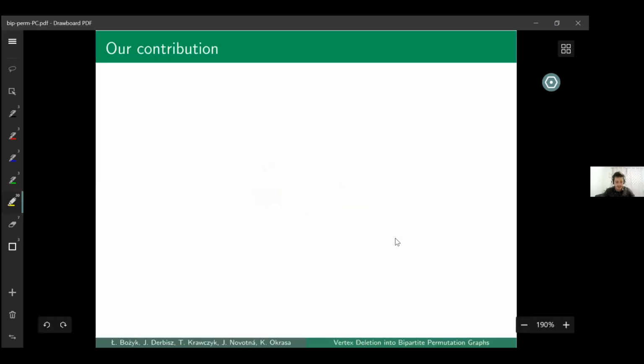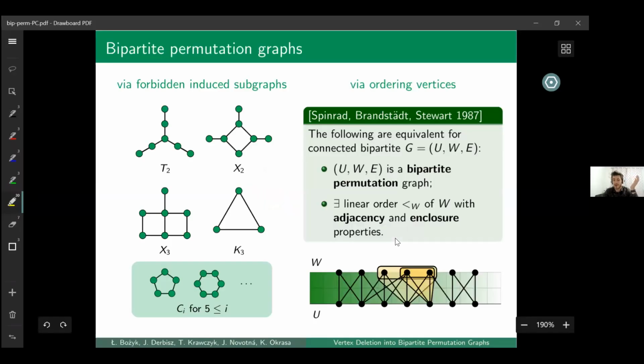So our method is as follows. We define something which is so-called almost bipartite permutation graphs. So we proceed this way. We can do branching, where we have a finite number of forbidden subgraphs, but we have an infinite family. So what can we do? We can branch out some finite subfamily and be left only with long cycles.